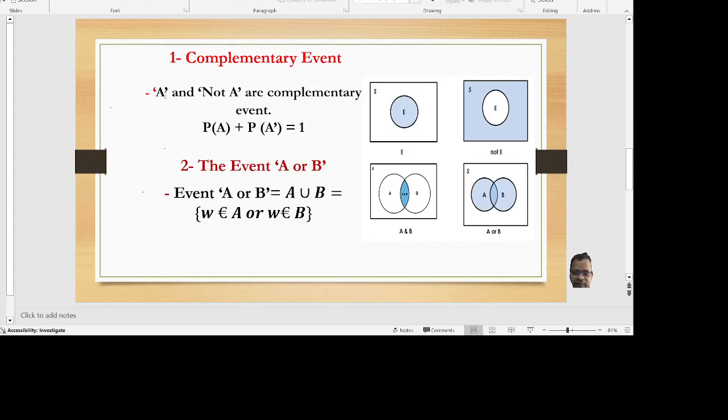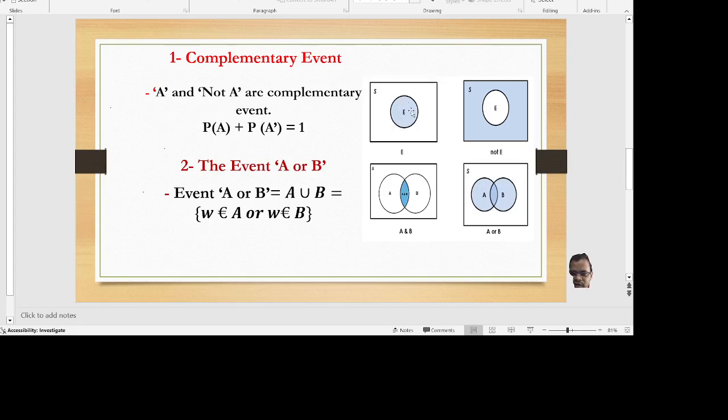So A is playing football, not A is not playing football because you are playing cricket. So these are complementary events. P(A) plus P(A dash) equals 1. We have already studied that in the previous classes. You can see in this Venn diagram, E is one set, S is another. If E happens, S doesn't happen, and if S happens, E doesn't.